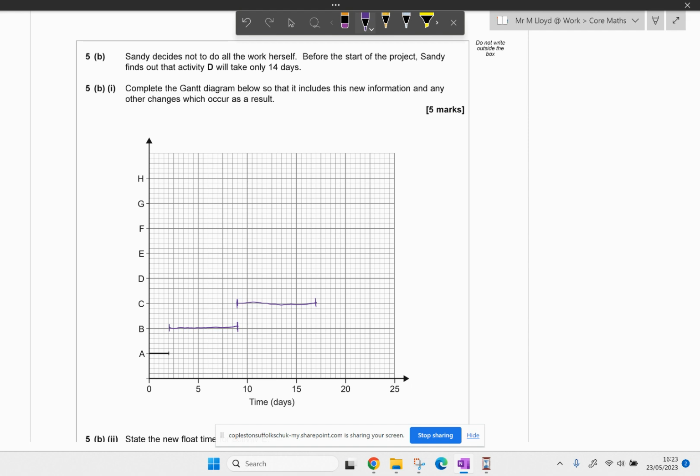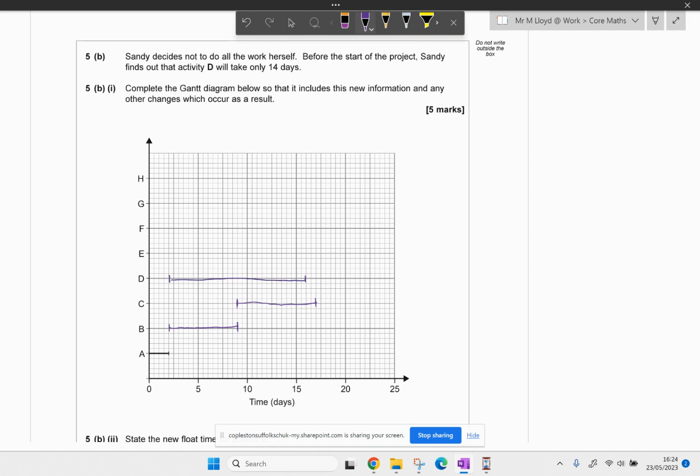So for me, D could start after 2, and so could E. D could start after 2 because she's got other people doing it. Now it's going to take 14 days. 2 plus 14 is 16. There we go. So that's going to go and be D.